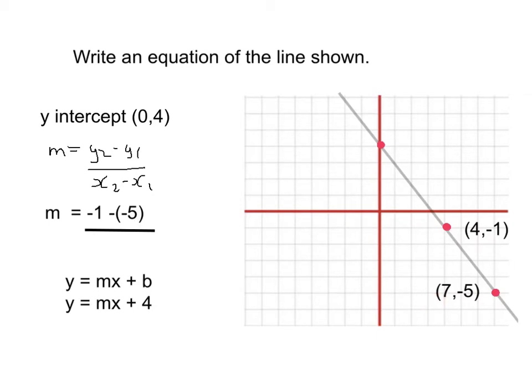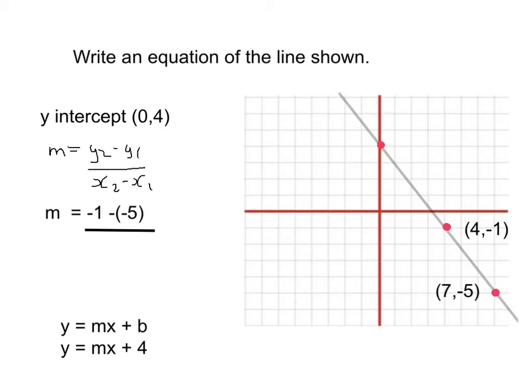Then I'm going to move that down and solve. Negative 1 minus negative 5 is the same as negative 1 plus positive 5, which gives me an answer of 4. And 4 minus 7 gives me negative 3. So I'm left with m is equal to 4 over negative 3.